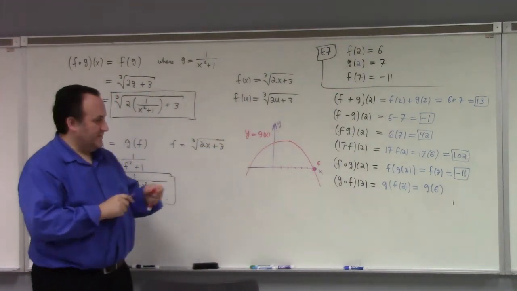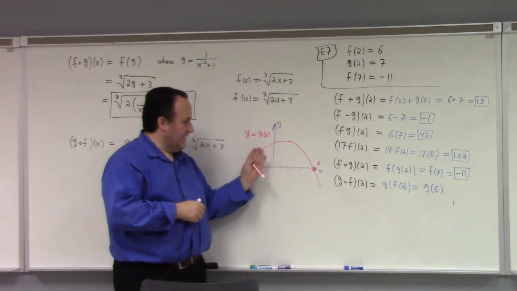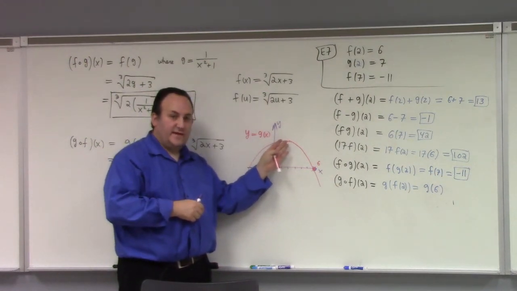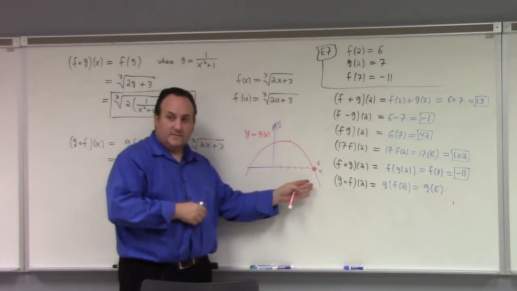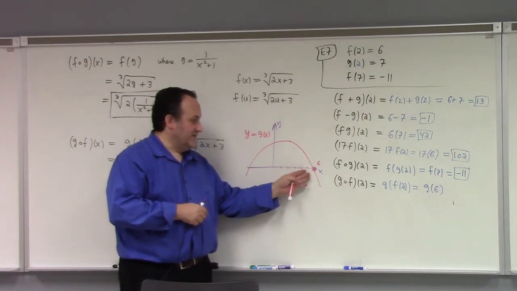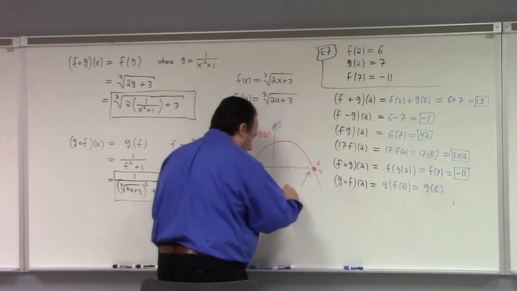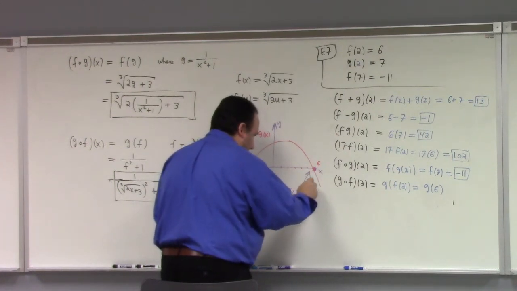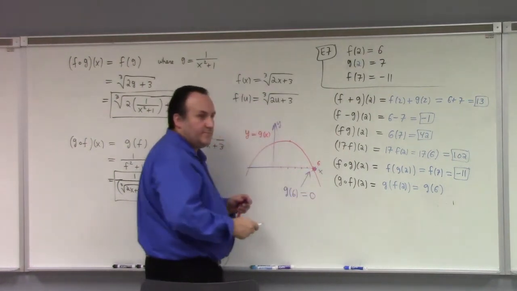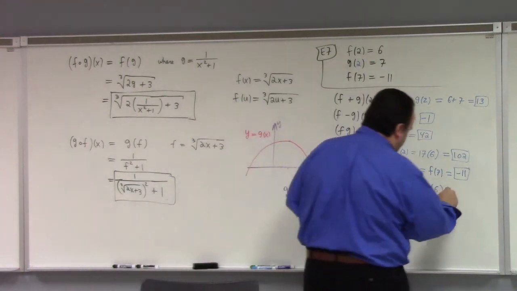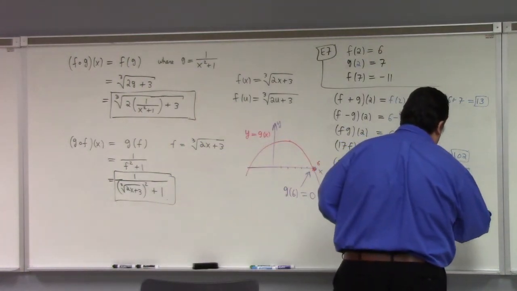I don't know if you can see it or not, but I tried to draw it so that the graph of g goes through the x-axis at 6, right? So that means that g of 6 is equal to what? 0, right? So if you're given that graph, then the answer here would be 0.